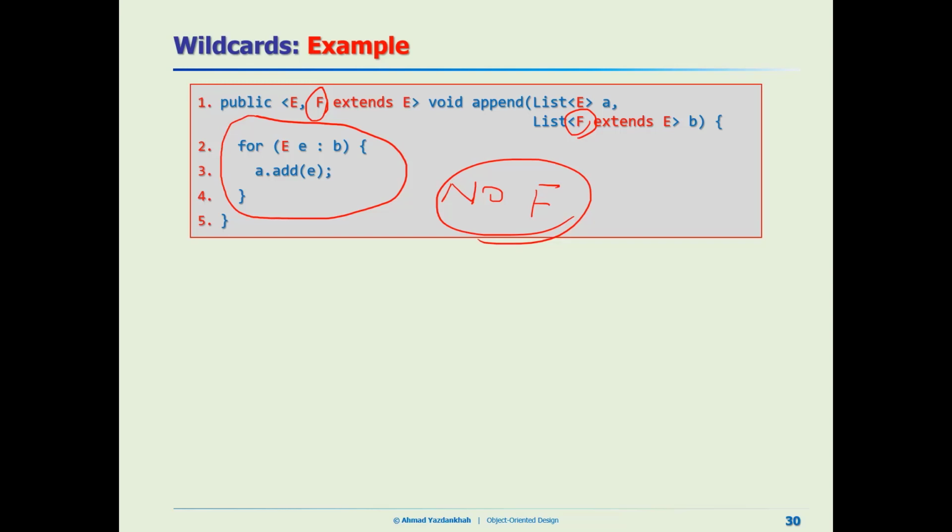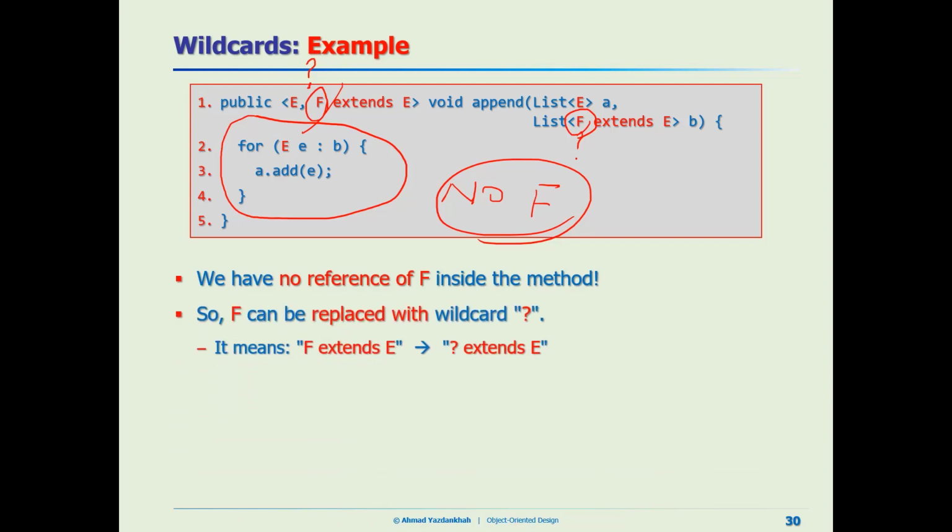I can replace them with a wildcard, so I don't need a second type variable anymore. Exactly, we can change this f extends e to question mark extends e. And in this way, we can eliminate the f.